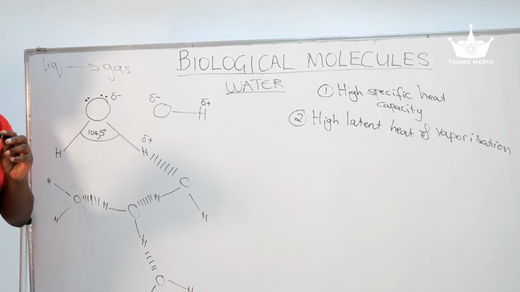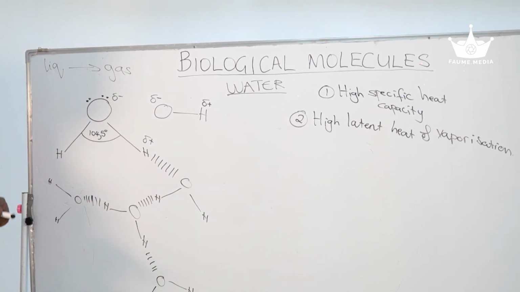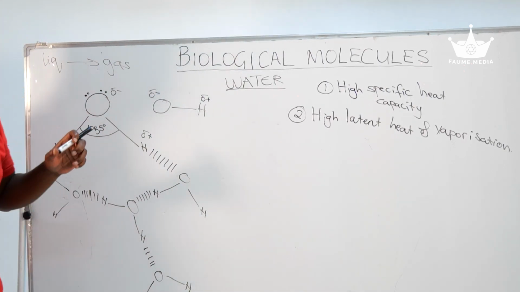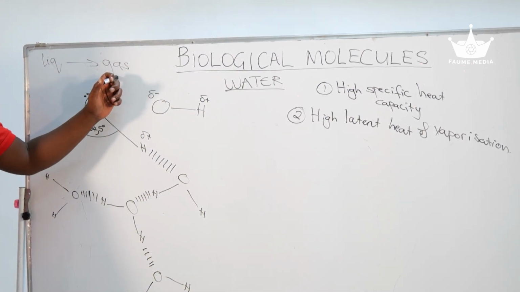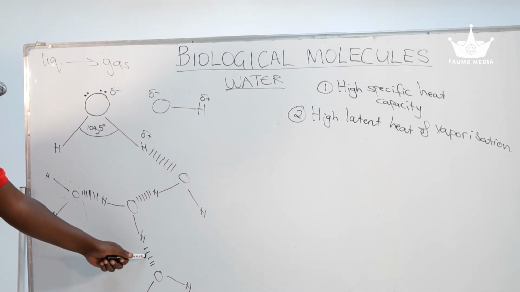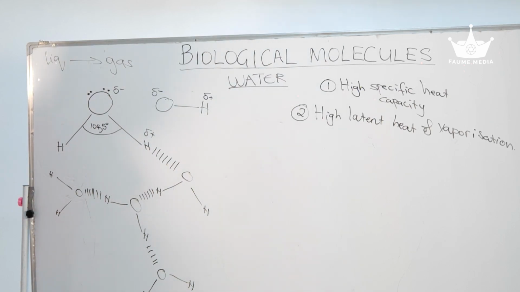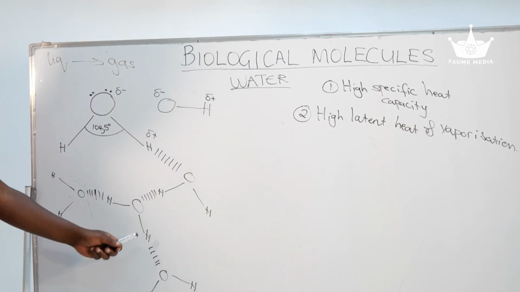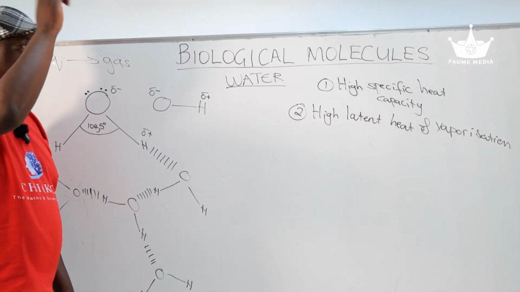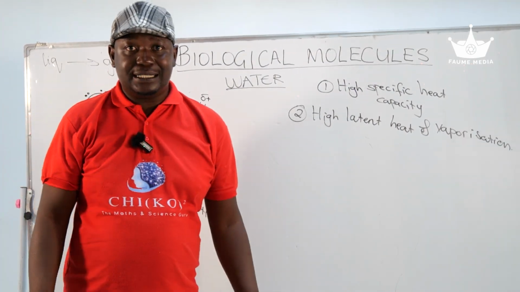So what it means precisely is that a huge amount of energy is required for water to change from a liquid to a gas. And this is also because of this hydrogen bonding here. You need a lot of energy to break these hydrogen bonds and liberate the water molecules so that they move very fast like what gaseous molecules do.